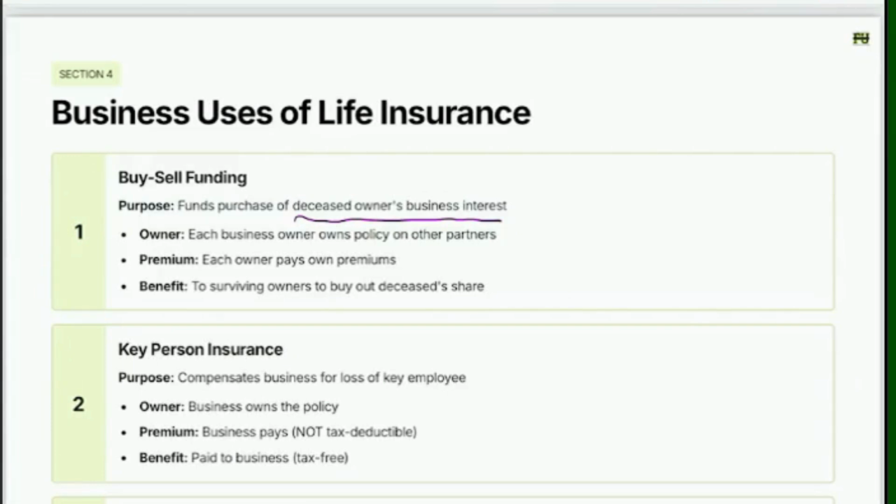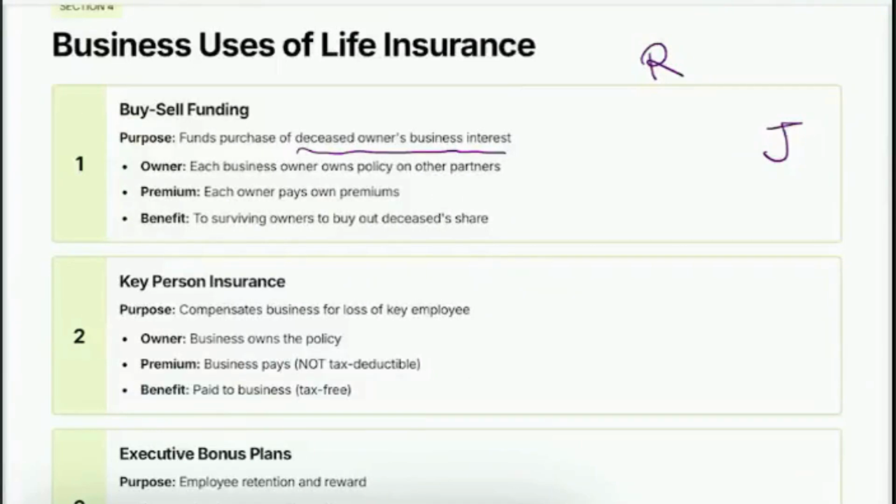So, true story, myself, Randy, and my brother, Jonathan, went into business together. We bought an insurance agency back in 2012 together. So over here, we're going to show my husband and my brother's wife.